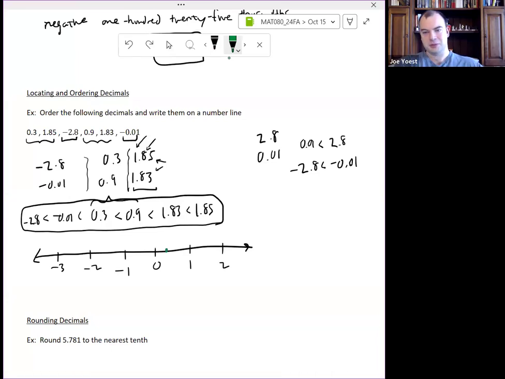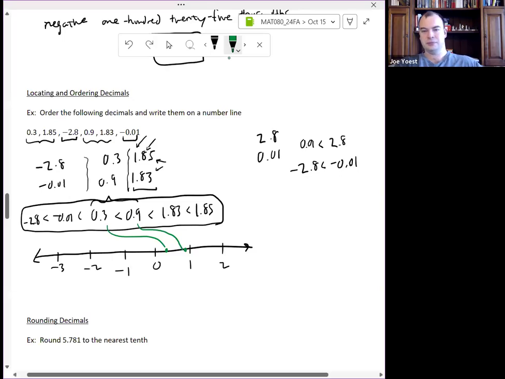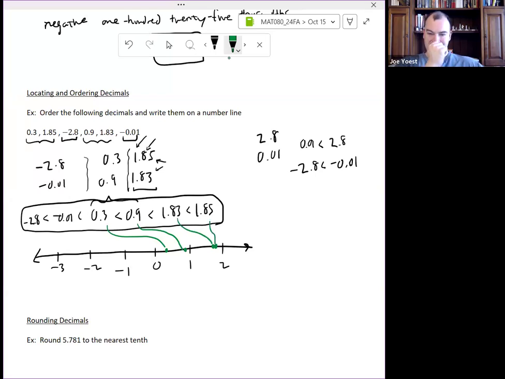So 0.3 is maybe here. 0.9 is below 1, but pretty close to 1. 1.83 and 1.85 are both between 1 and 2. There's one hole plus some fractional part. So they're in this interval. And they're both going to be really close to one another, pretty close up here near 2.